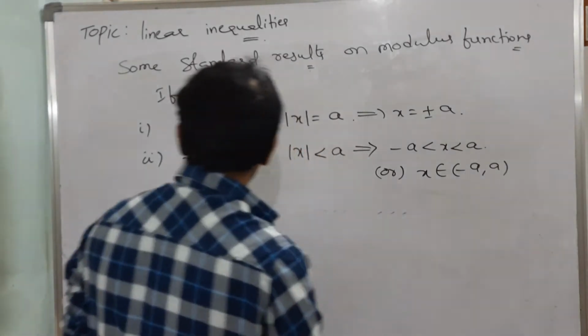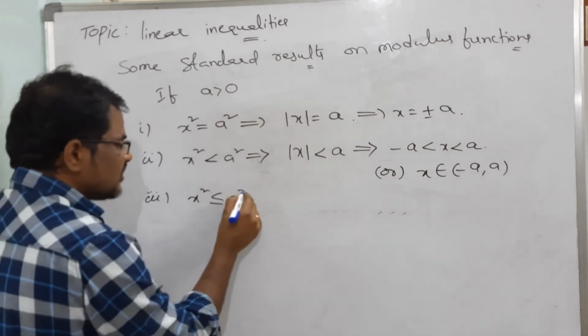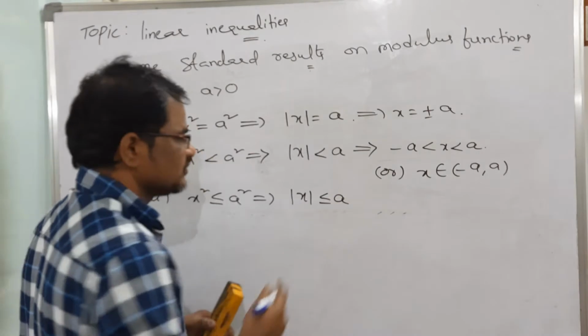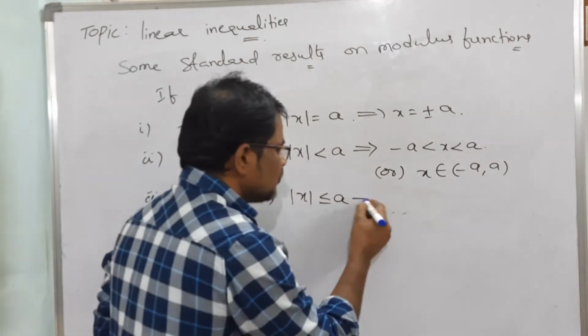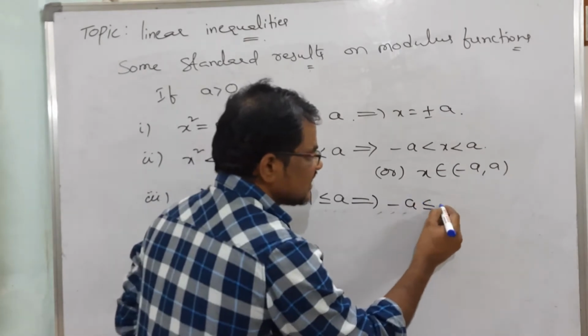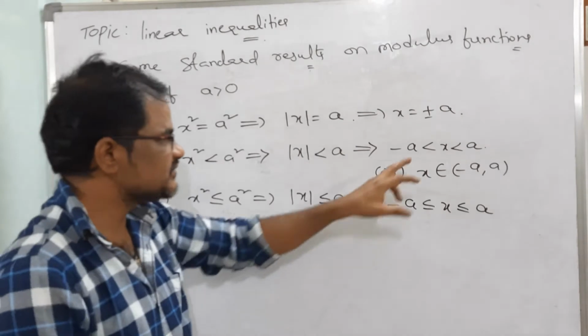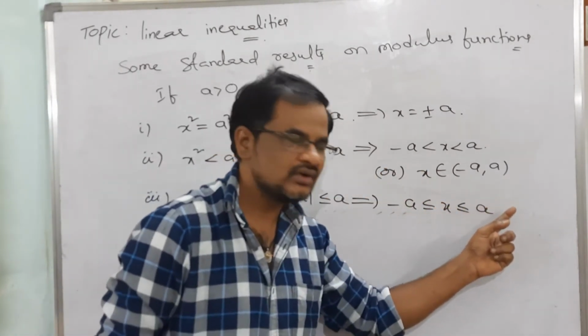Next one, suppose x square less than or equal to a square. So how to write? mod x less than or equal to a. Earlier was strict inequality, this is slack inequality. So we write minus a less than or equal to x less than or equal to a. What is the difference between these two? Here x equal to minus a also we have to take, and x equal to a also.